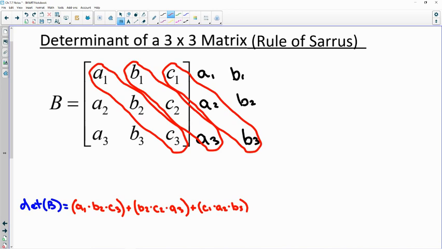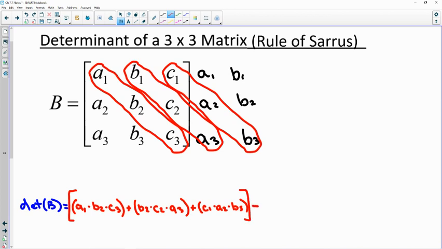Whew. That's all the down diagonals that we have. You've got to figure out what that number is, what that answer is. So those are the down diagonals.